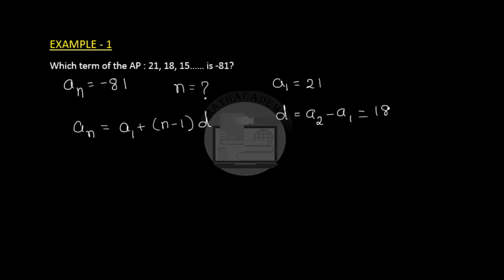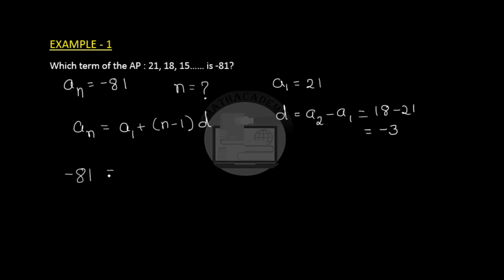So it gives 18 minus 21, which is negative 3. The common difference is negative, and that's why the arithmetic sequence is a decreasing sequence. So we have got a1, we have got d, and we know an is negative 81.